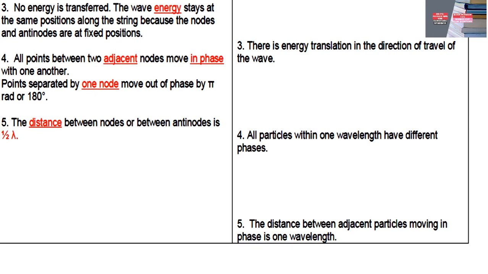So as long as you can calculate the distance x and divide by the wavelength, multiplied by 2 pi to get radians, you get the phase difference between 2 points. So that's a difference with the stationary wave. Then the fifth difference is that the distance between nodes or between antinodes is lambda over 2, half a wavelength, whereas the distance between adjacent particles moving in phase is 1 wavelength.